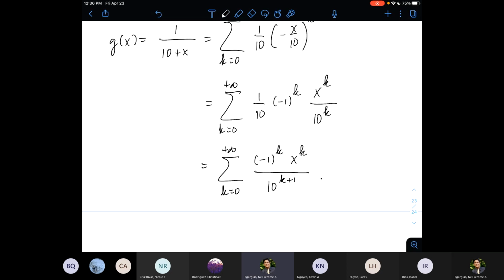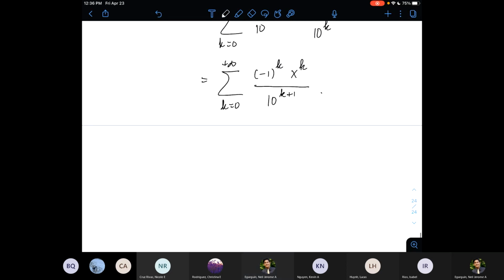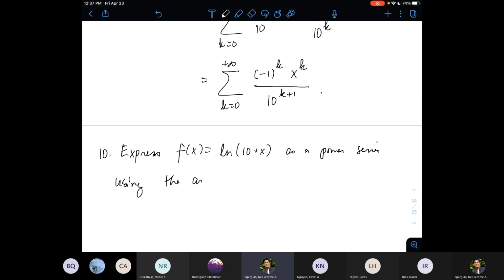All right. Now there's a follow-up question. It says to express f of x equals ln of 10 plus x as a power series using the answer in problem 9.